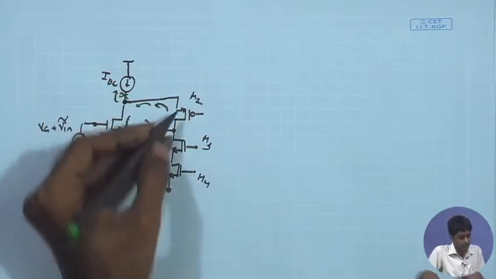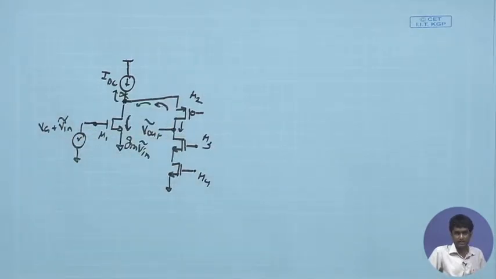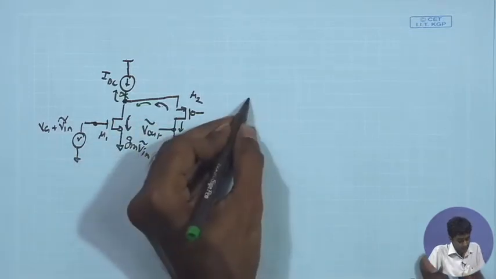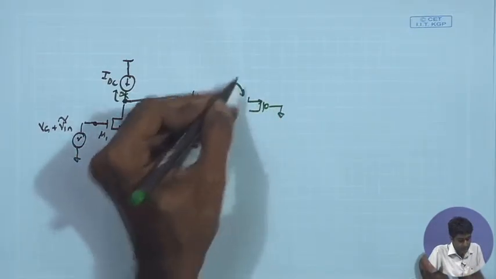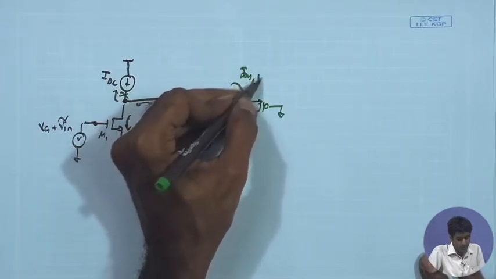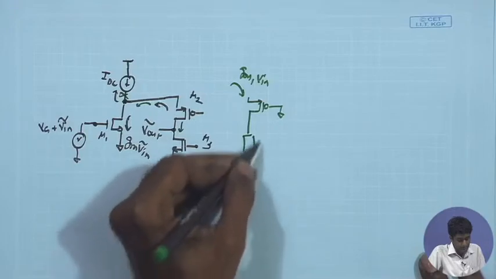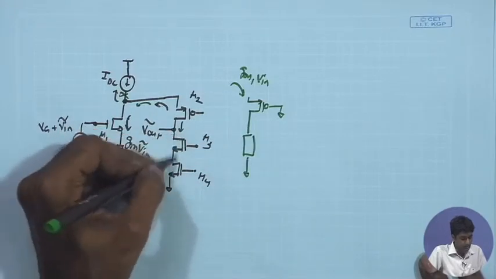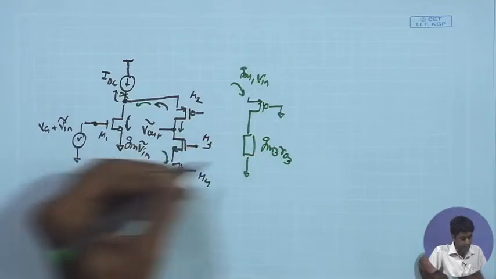So, if I look at the situation of M2, it is having some small signal resistance connected in the drain. What is that impedance? This is M2 with gate AC ground. You are having some signal which is gm1 times V in, and it is having a large impedance given by the impedance looking into the drain of M3, which is gm3 ro3 times ro4.